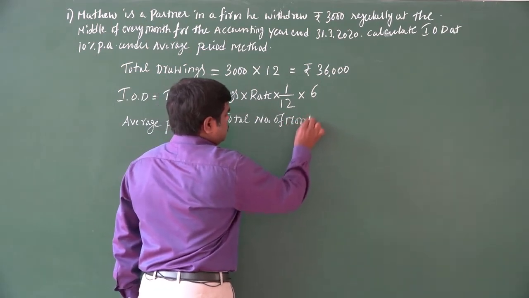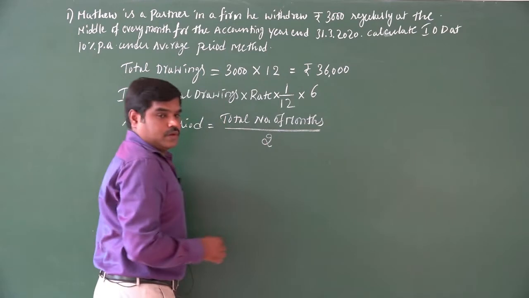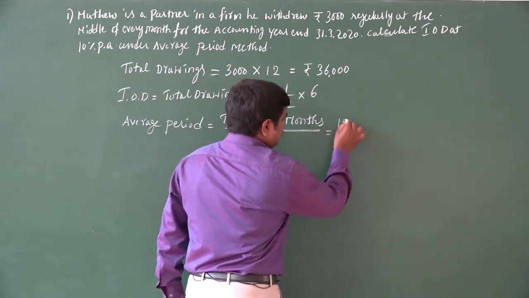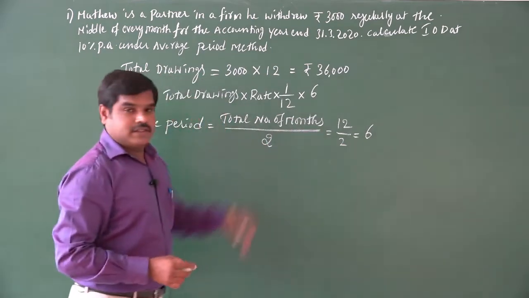Average period is equal to total number of months divided by 2. 12 divided by 2 is 6 months.